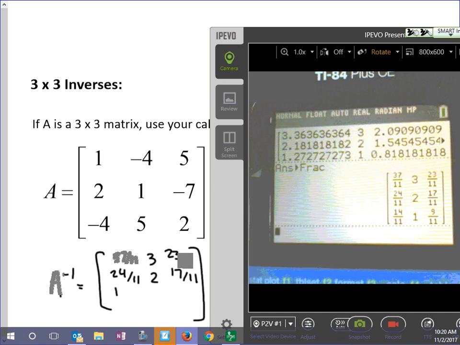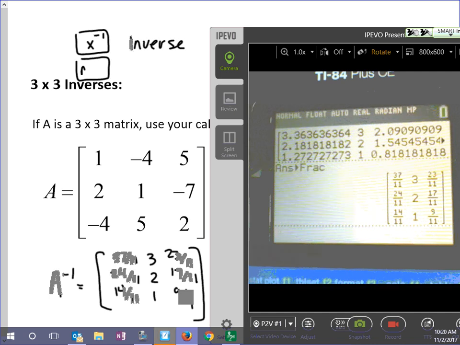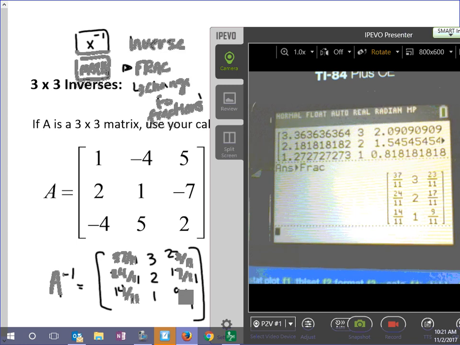And that's how you find the 3x3 inverse matrix. Those are the 2 buttons besides the regular inverse that I use.